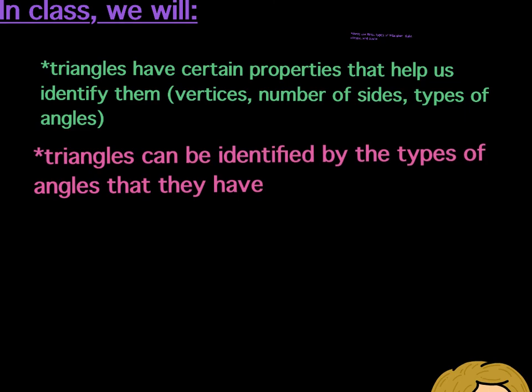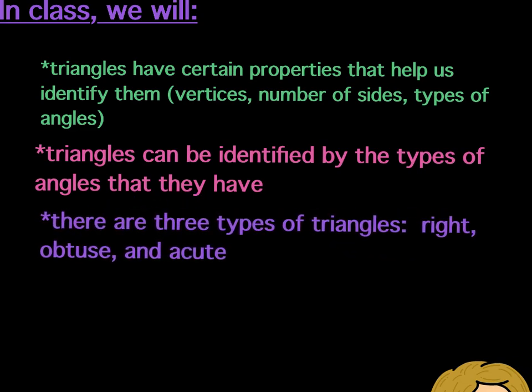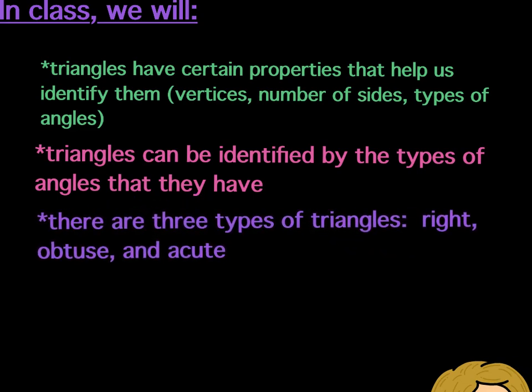We will be using the fact that triangles can be identified by the types of angles that they have, so learning how to do that. Use the fact that there are three types of triangles, right, obtuse, or acute, and be able to identify those as such.